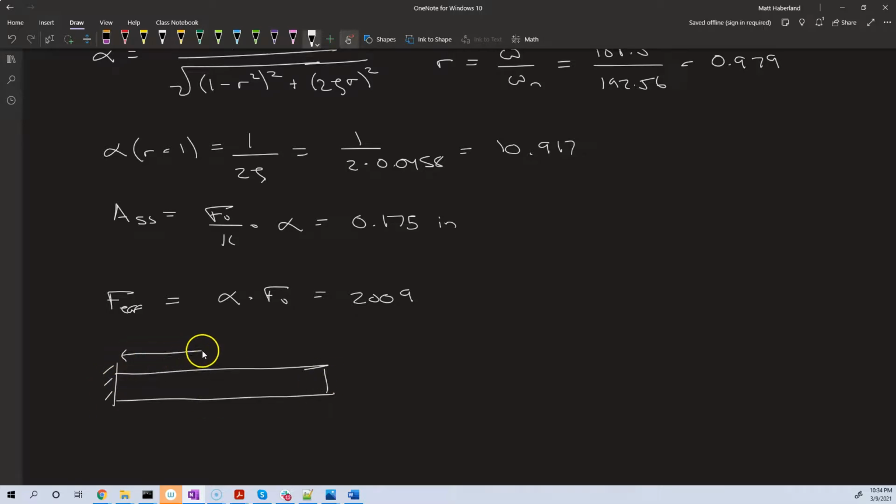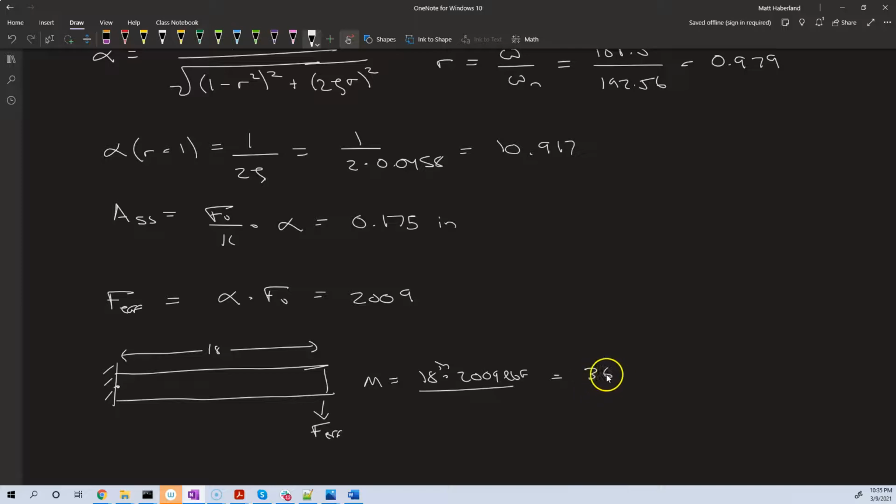So it's much more. So what is the maximum stress in this beam? And it was 18 inches long. So the bending moment is going to be maximum way back here. We've got something like this effective force being applied at the end. The bending moment would be the length 18 inches times 2,009 pounds.